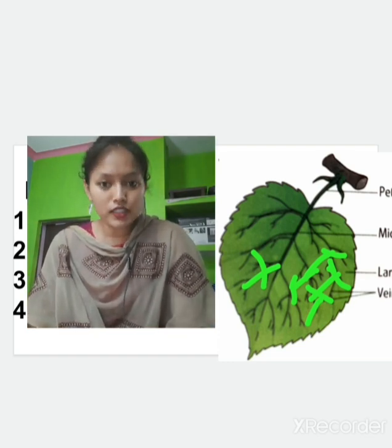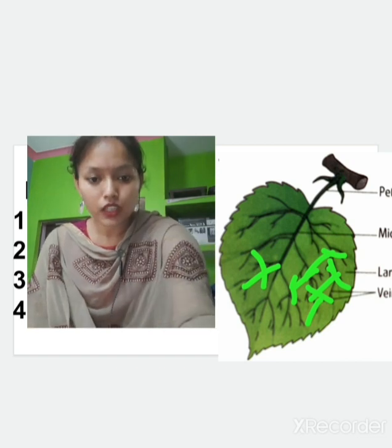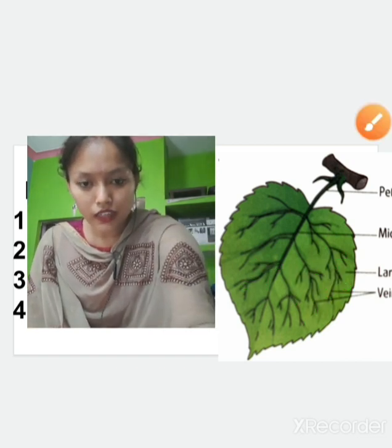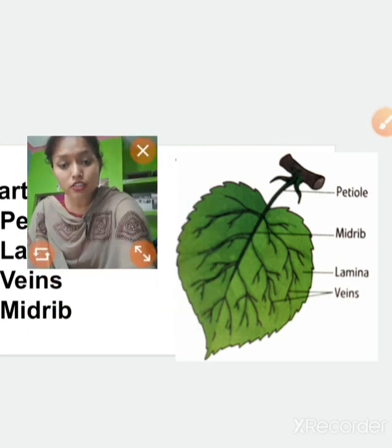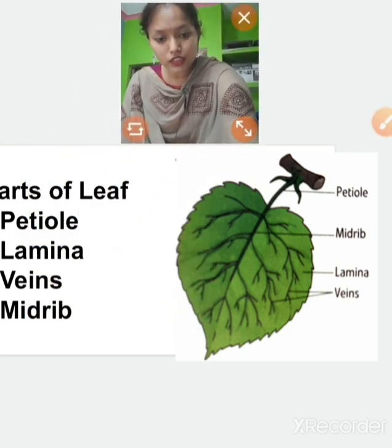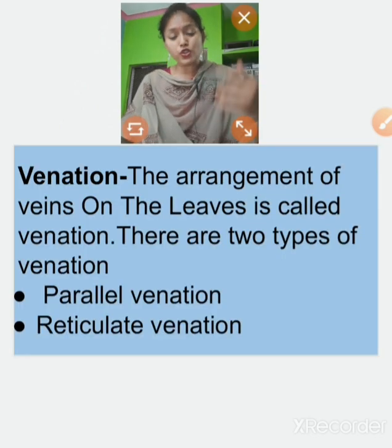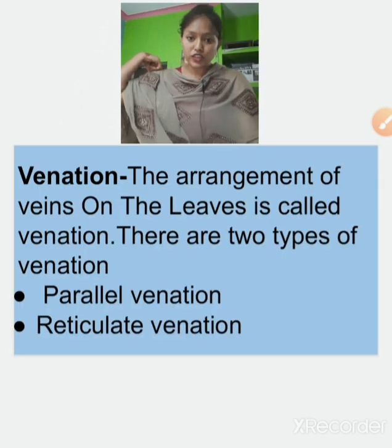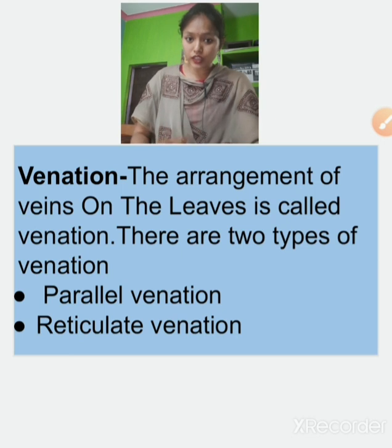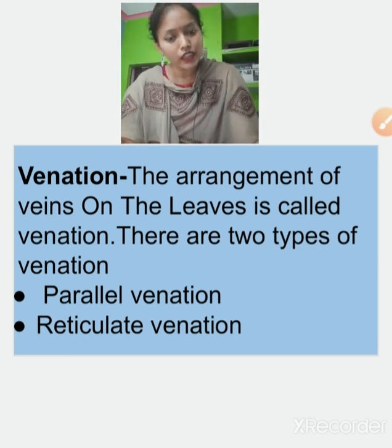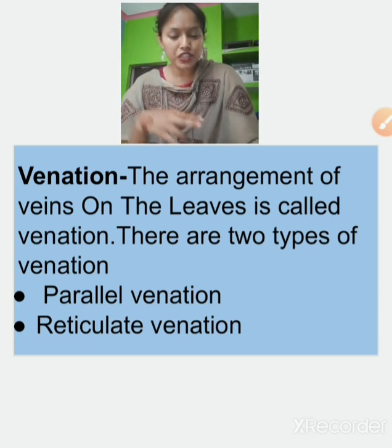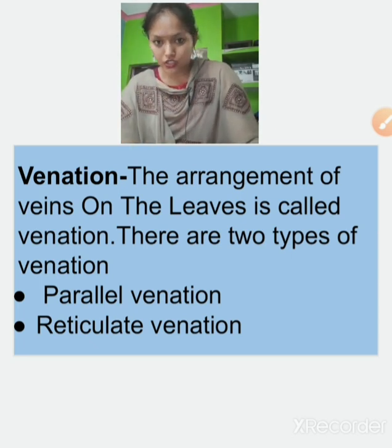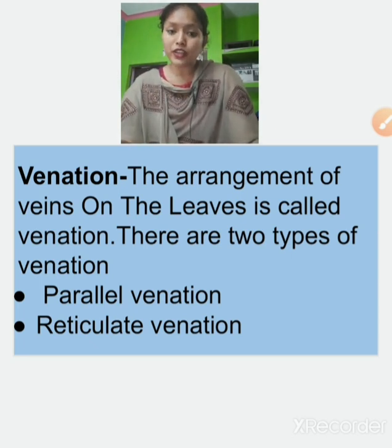So on the basis of this, the structure of veins on the leaf is known as venation. The arrangement of veins on the leaves is called venation, and venations are of two types: parallel venation and reticulate venation. Okay, so what is parallel venation?